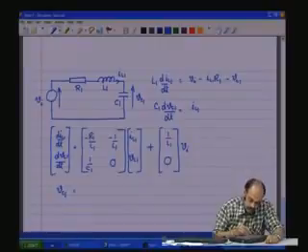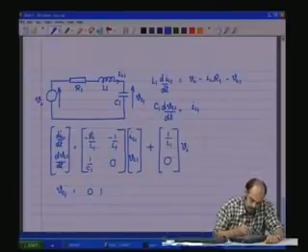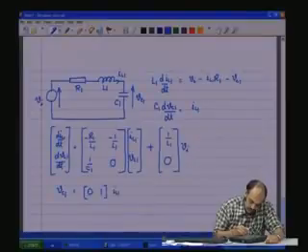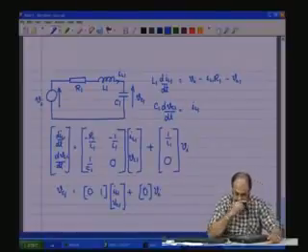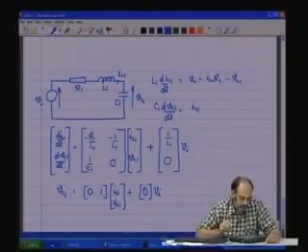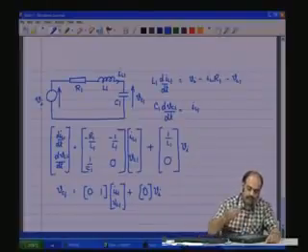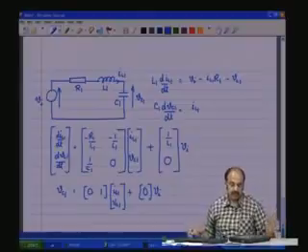Then in that case you have 0, 1, times IL1 VC1, plus 0 into VI. So, this is the output that you obtain. Let us have a look at the transfer function of this.